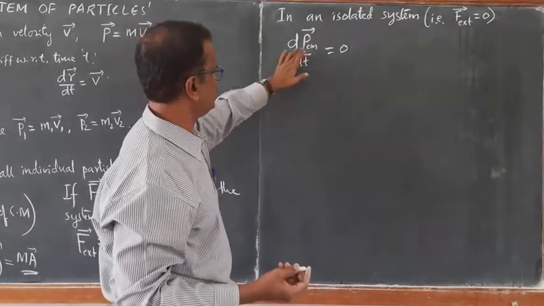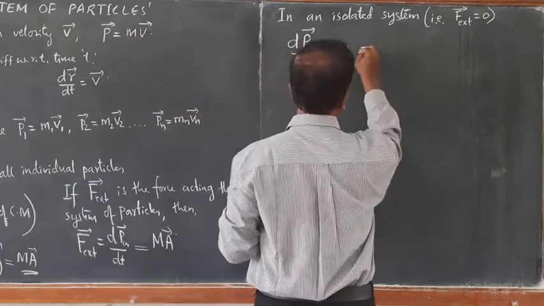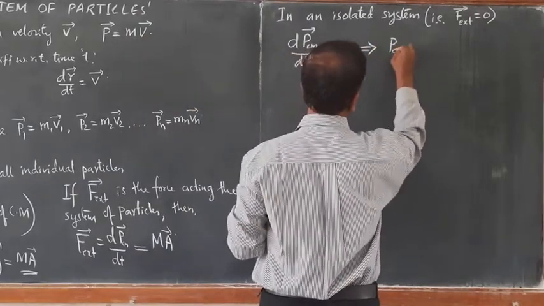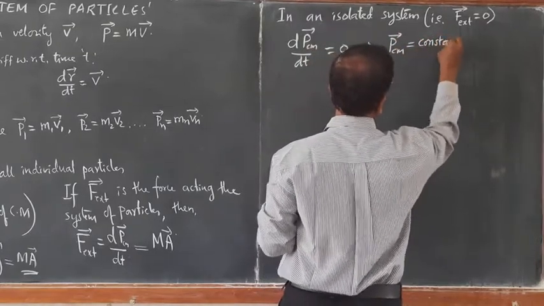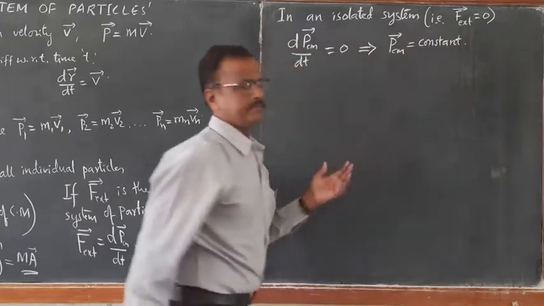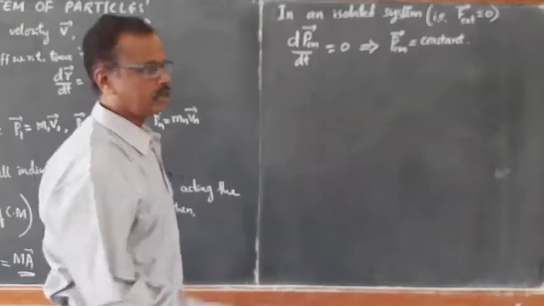Rate of change of Pcm equal to 0 means Pcm remains constant, does not change at all with respect to time. So Pcm equal to constant, what does it mean?